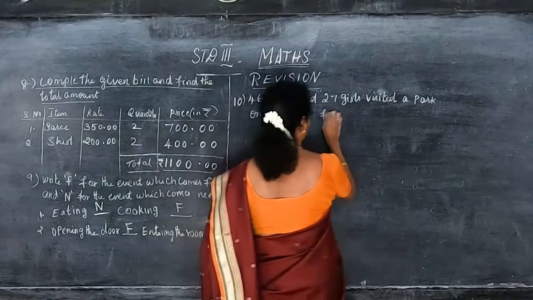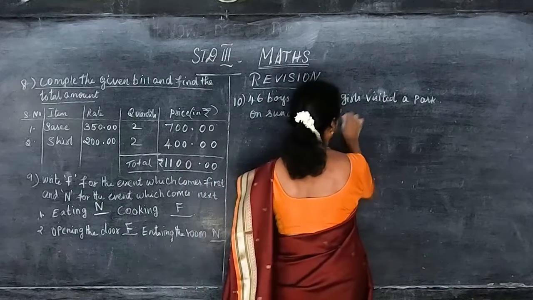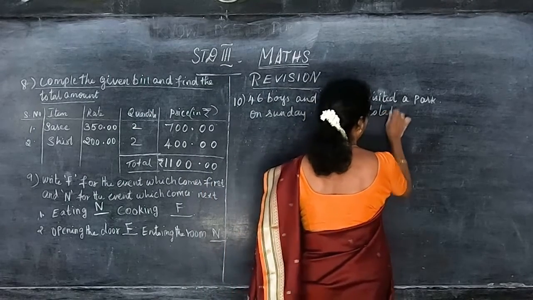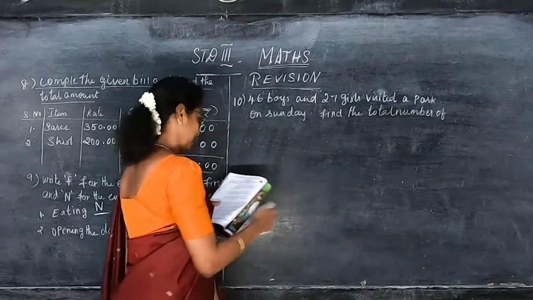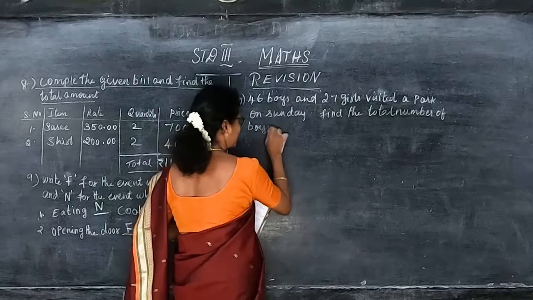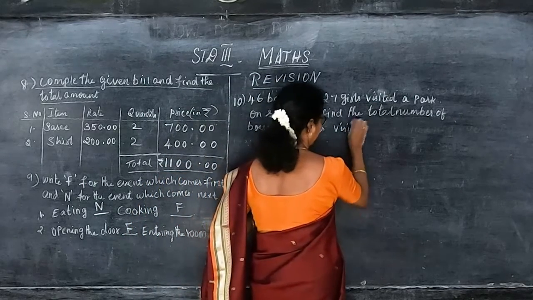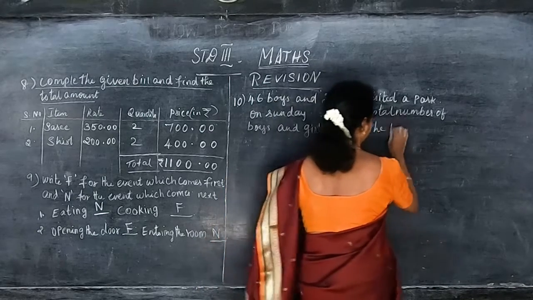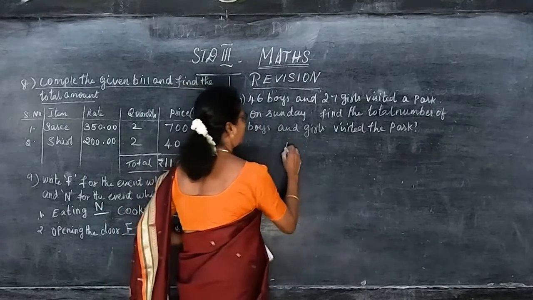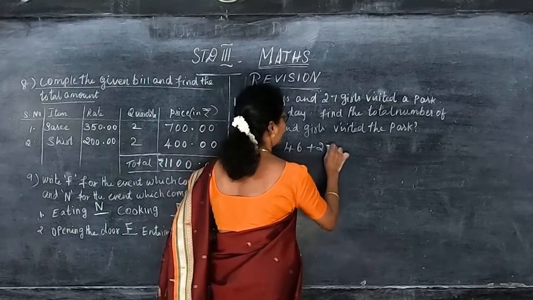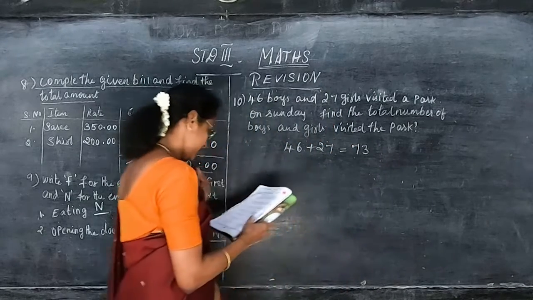Find the total number of boys and girls who visited the park. Okay, so that is 46 boys plus 27 girls, that is equal to 73 is the answer. Okay.